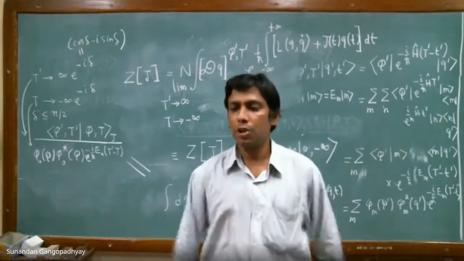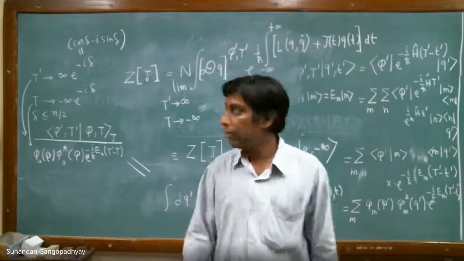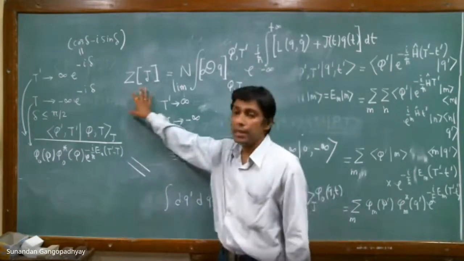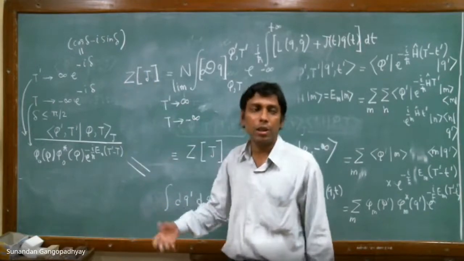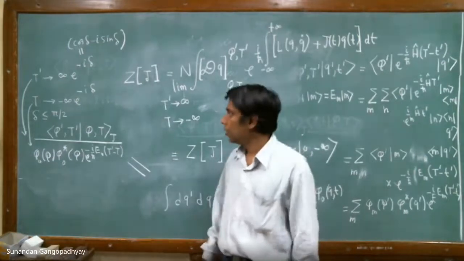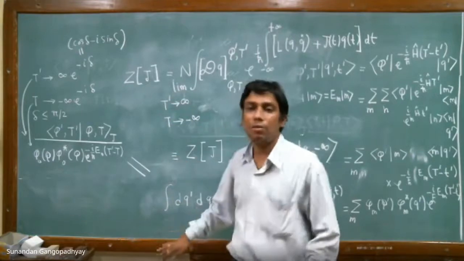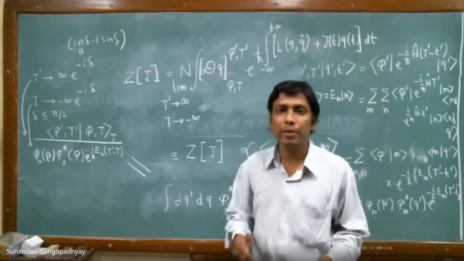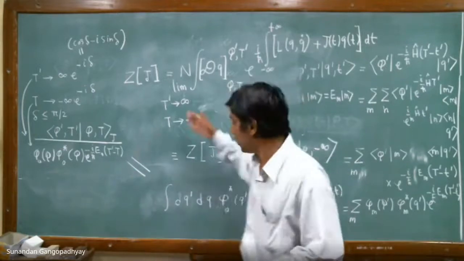I will just pause for 2 minutes here. And today what I will do is, I will not start calculating Zj for a particular theory. Today I will not do that, but I will show an alternative way of doing this calculation. I will show you some alternative manipulations, an alternative way in which you can arrive at the same result.